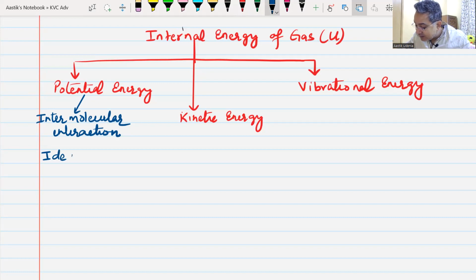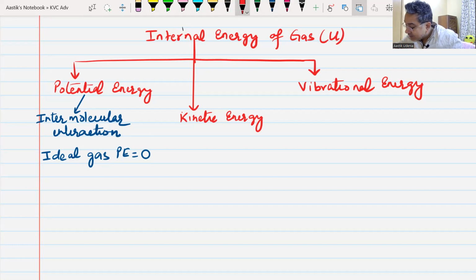For these ideal gases, this potential energy PE is taken as 0 because we assume that there is no intermolecular attraction between them. Do we understand this? Yes or no?